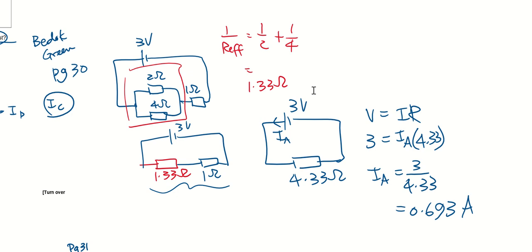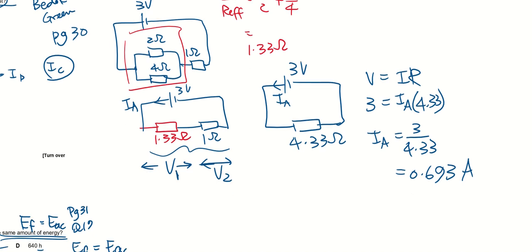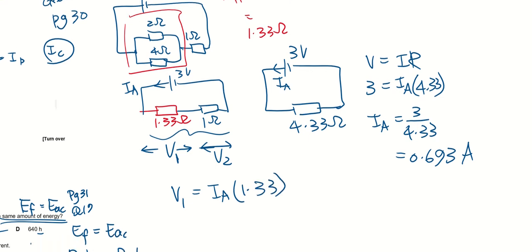So now what I've gotten from the previous simple circuit is IA. So I can find the potential difference across these 2 resistors. Let me call it V1 and V2. For V1, it is the current that passes through it, which is IA, 0.693, multiplied by its resistance of 1.33.